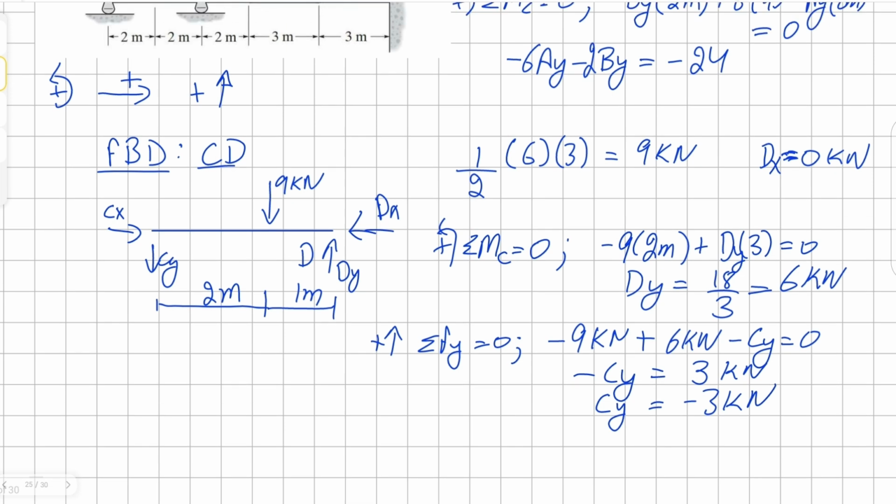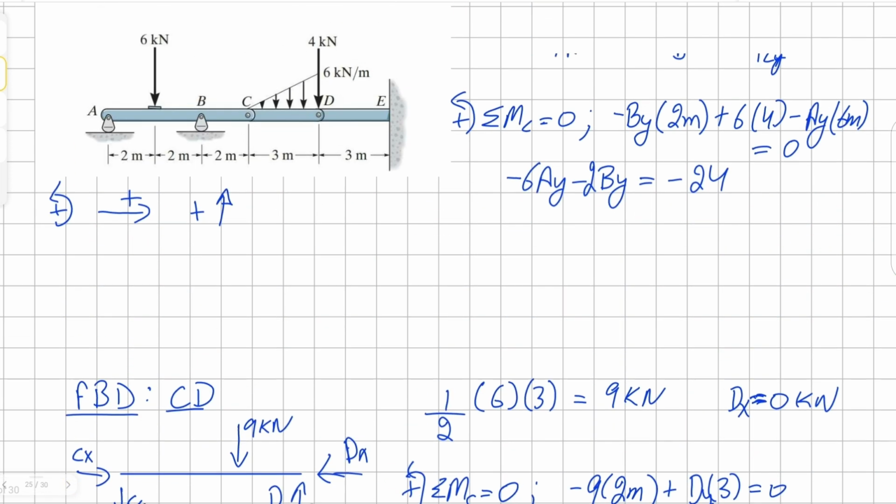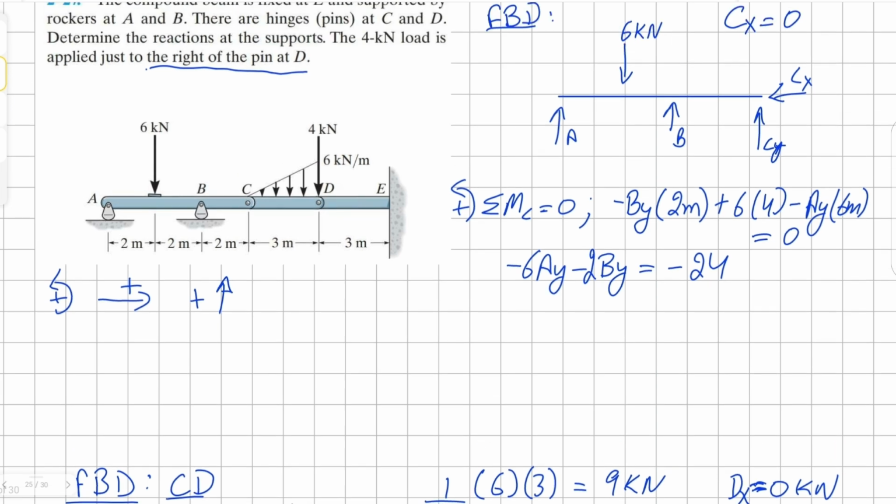Okay, now that we have value for Cy, we can go back to our section AC and solve for our solutions. So first, because we have Cy, we can sum the forces in the y direction. So we're going to have positive Ay, positive By, and positive Cy take away the point load that's pointing downward, and it's 6 kilonewton, all equals to 0.